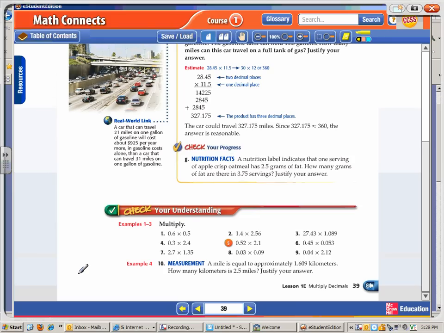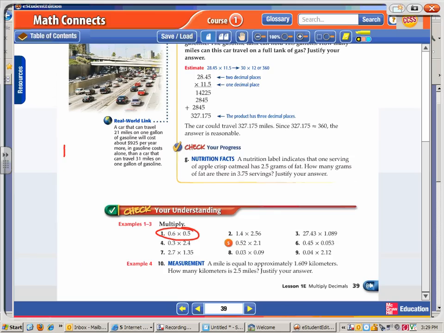So let's start down here, and I wonder if I am disconnected because there we go. Now we're working. The first day that we talked about multiplying decimals by decimals, we used base 10 blocks to see what was happening.